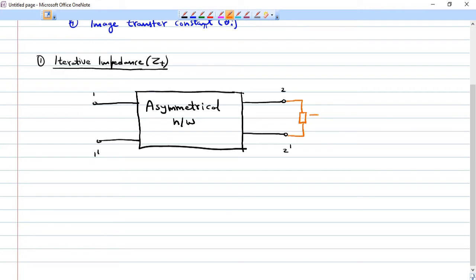Okay, so this is our ZT2. Similarly, we can attach another impedance to the 1 1 dash terminal also, which is ZT1.